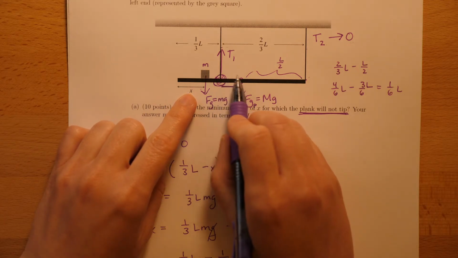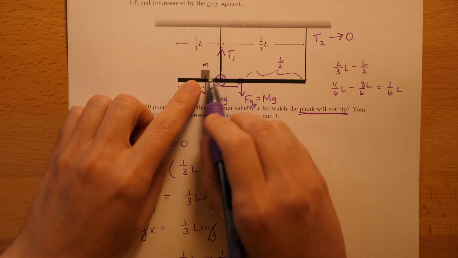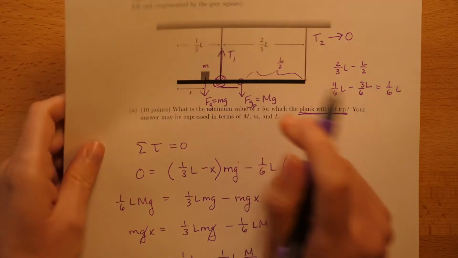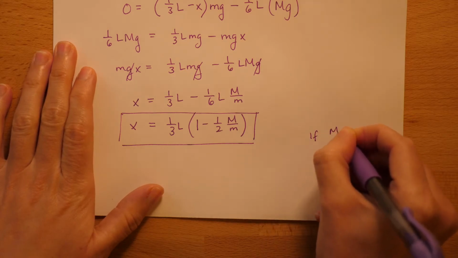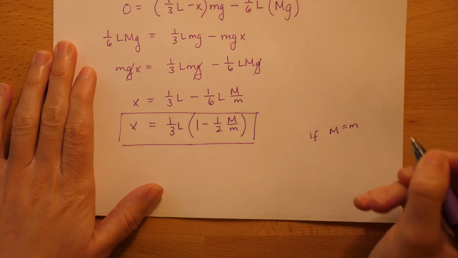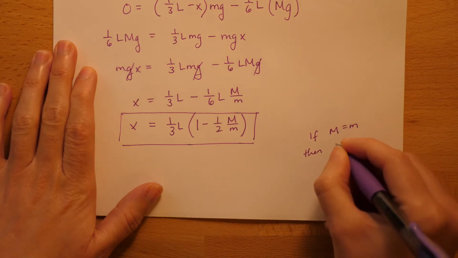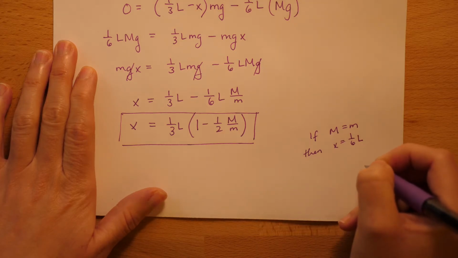This distance was 1/6 L. So if we set the two masses equal to each other, this distance should also be 1/6 L. Let's see if that's what we get. So if M equals little m, then we know that x should equal 1/6 L.